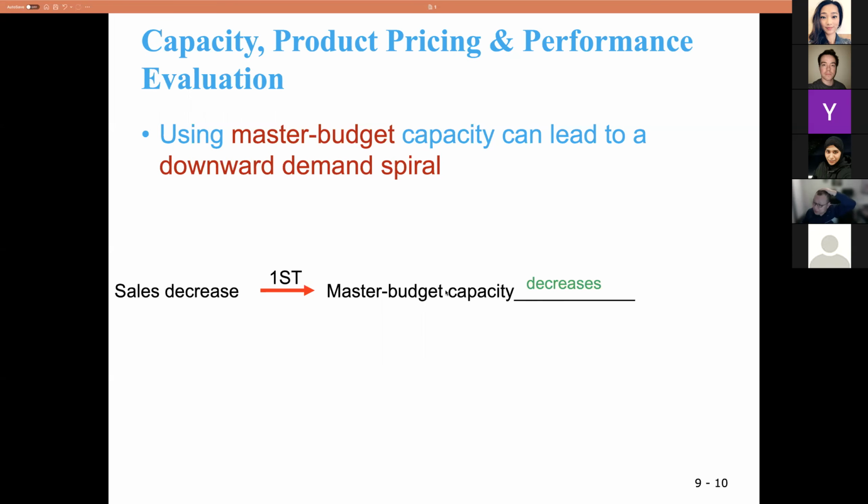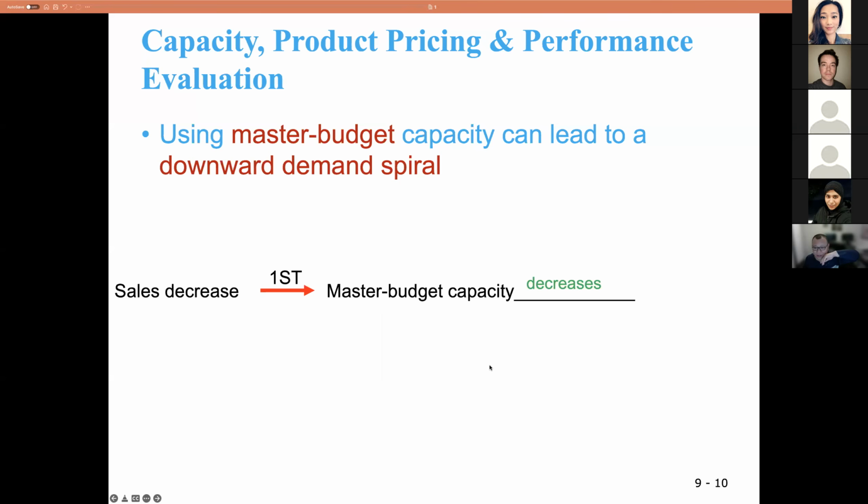If this number decreased, what happened to the rate? If the denominator, the capacity, decreased, what happened to the rate? Yinda? It increases. Increase, very good.